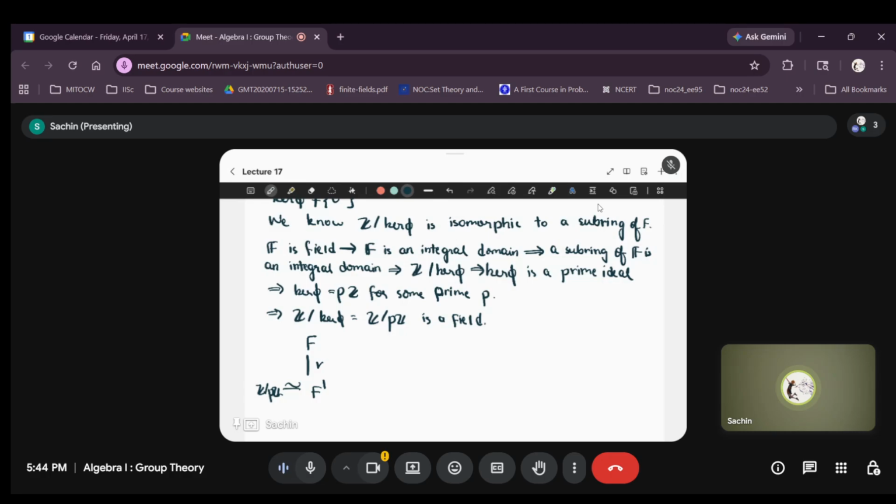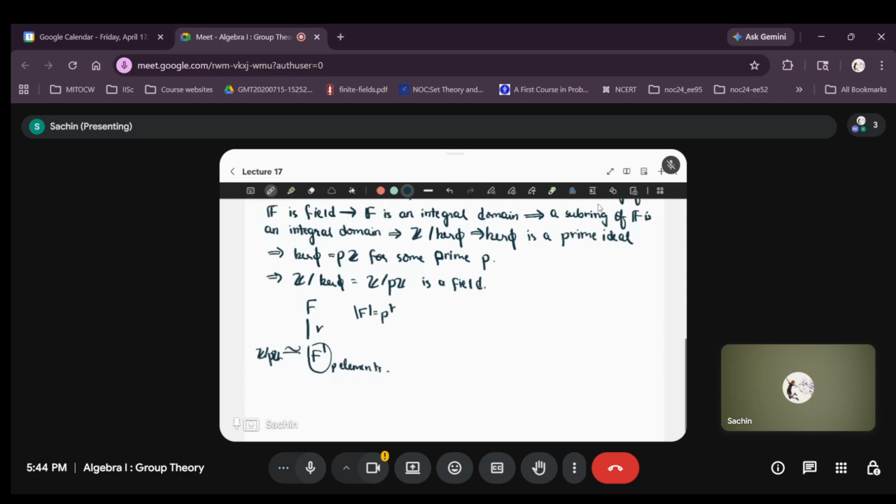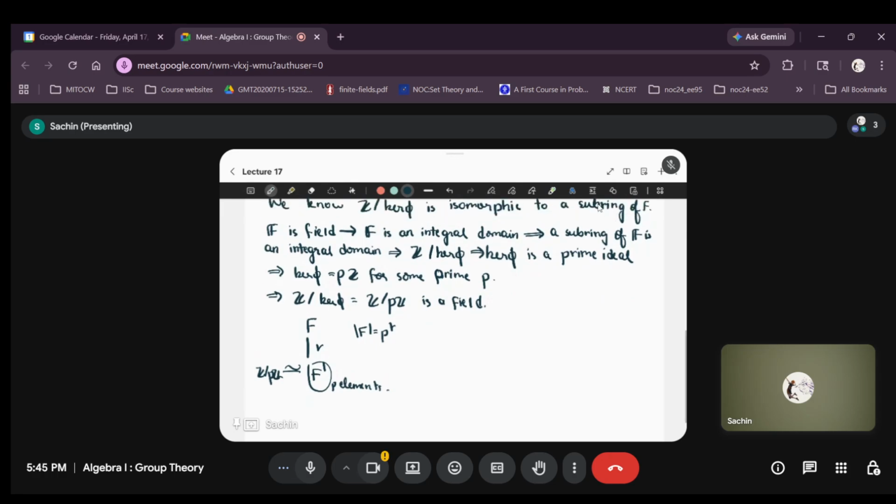Let's say it is R. So if R is the degree of field extension and F prime has P elements, then F will have cardinality of F is P power R. Isomorphic to a subring of F.